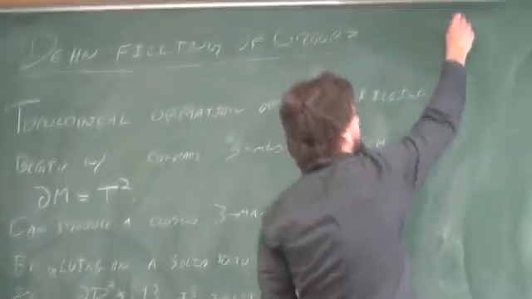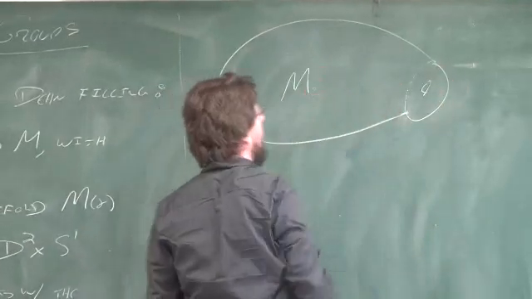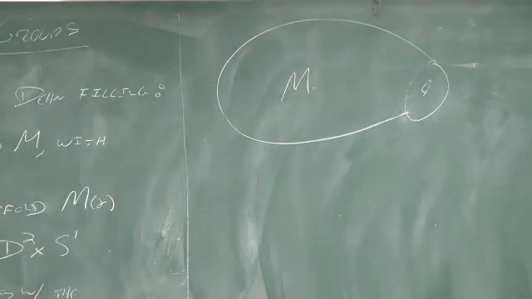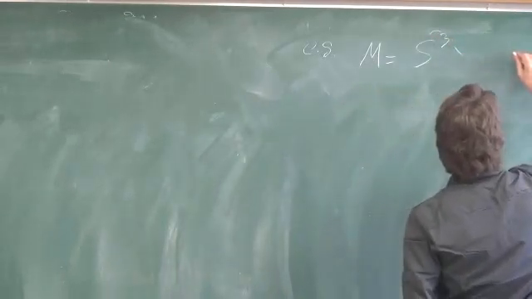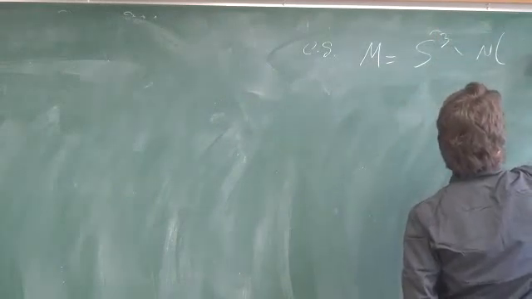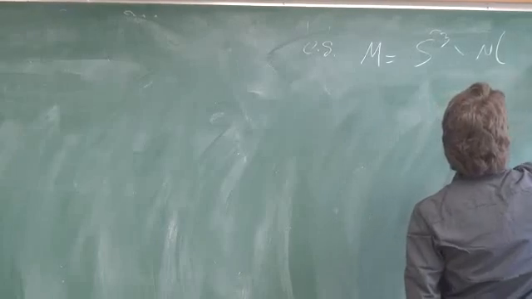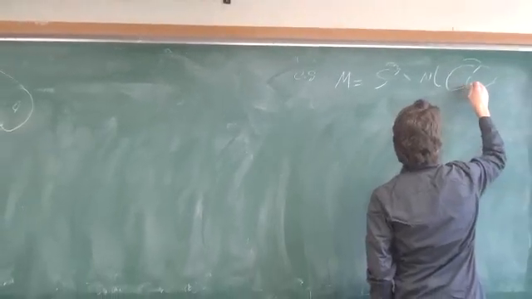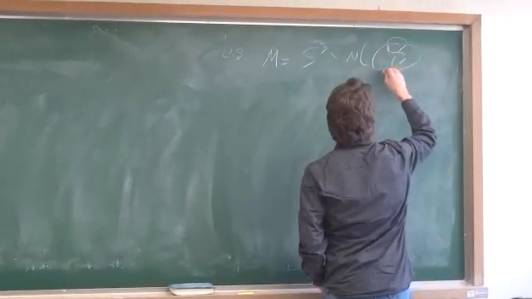So the cartoon picture is as follows. I have some 3 manifold with torus boundary M. So one thing that you can think about is, e.g., we could have M equal to S3 minus a neighborhood of a particular knot, and it doesn't really matter which knot I pick, but I particularly like this one.